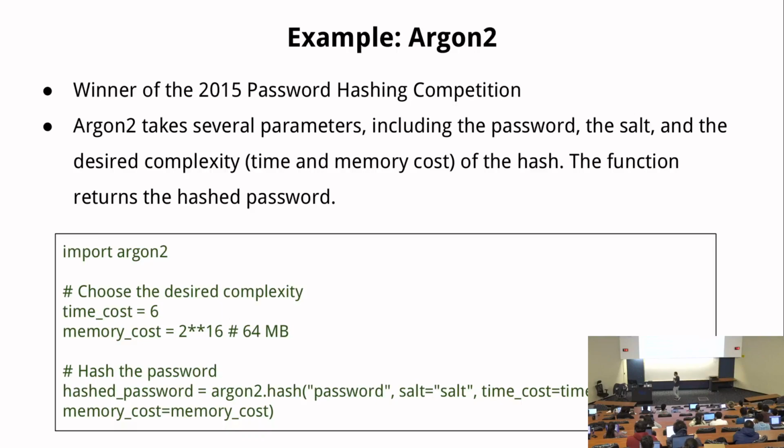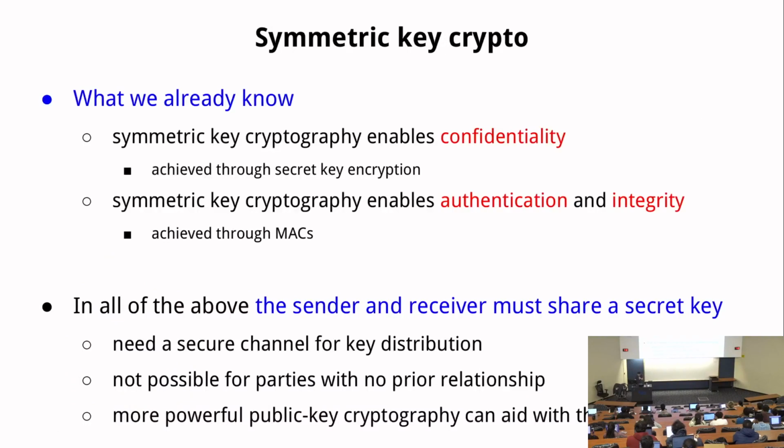Cool. So next we talk about public key crypto. So far we learned about symmetric key crypto, and this is a very powerful tool. We are still using it, and we know the design principle behind symmetric crypto is actually very easy to understand.